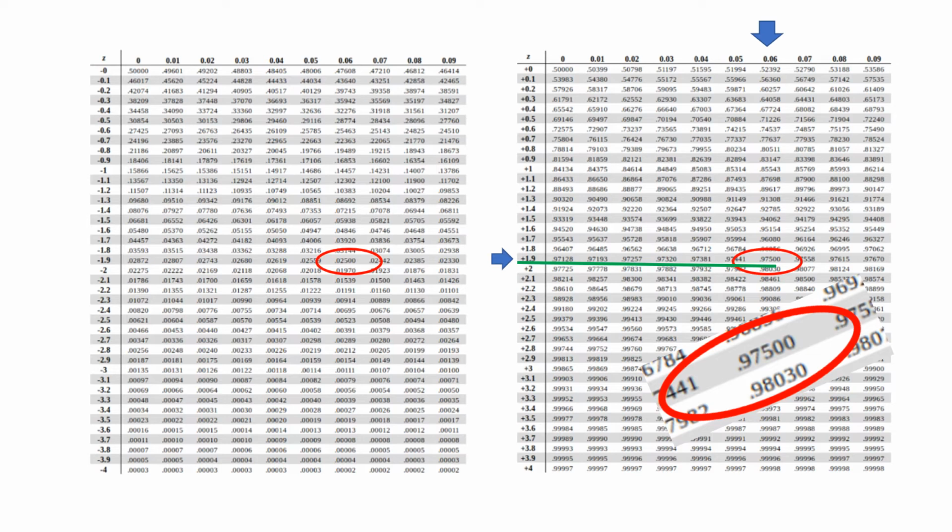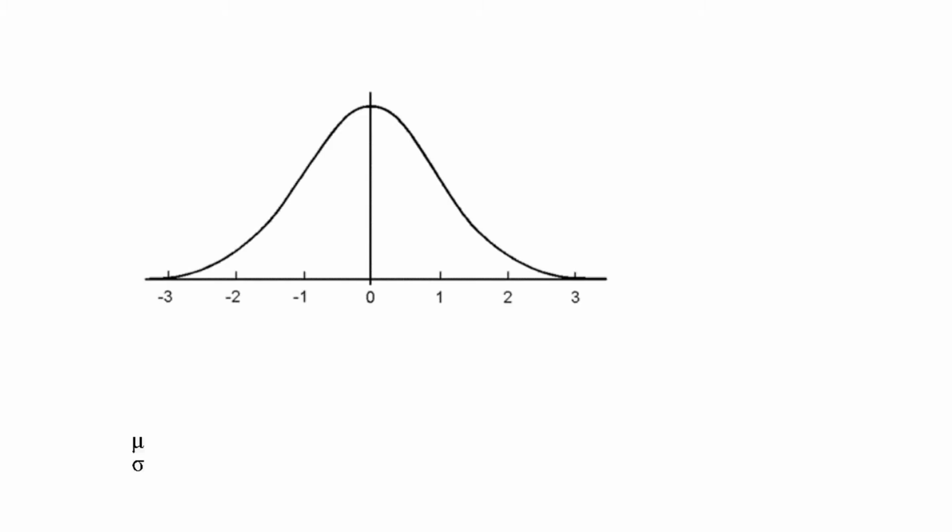So what a two-tailed test requirement would be. We have a standard normal curve over here. A standard normal curve is one wherein we have the mean, which is 0, as well as the standard deviation, which is 1, right?